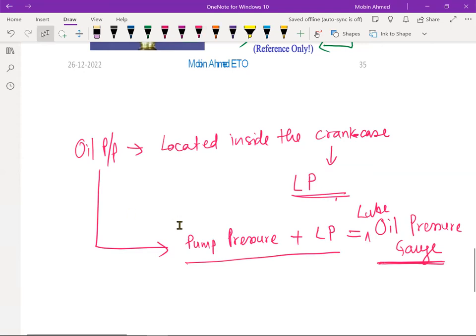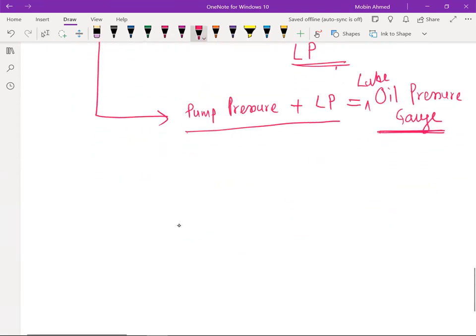Now, we need to understand that the pump pressure is always fixed. It is not going to change. Suppose it is running at 4 bar, it will always have 4 bar. But the LP pressure is a variable.